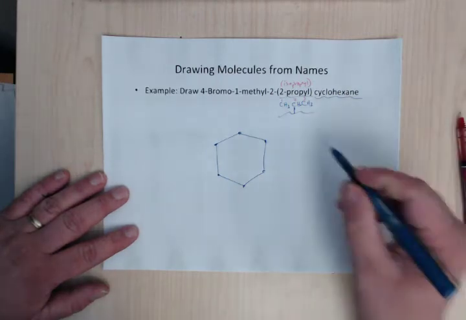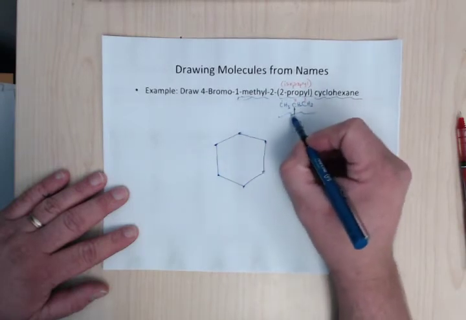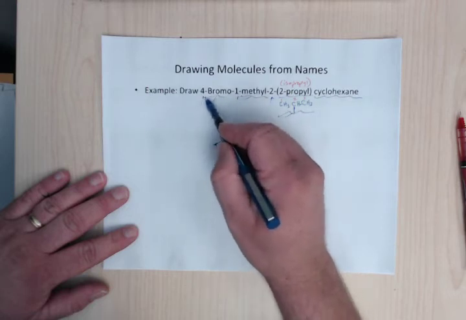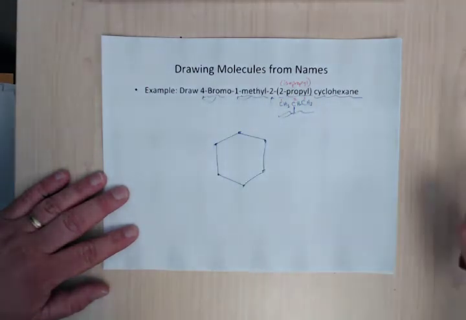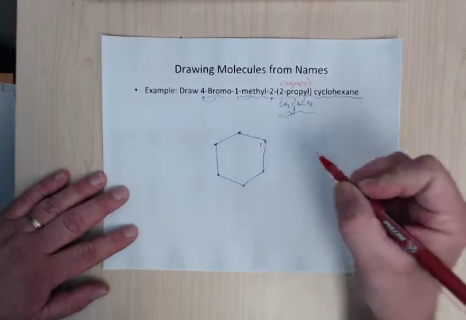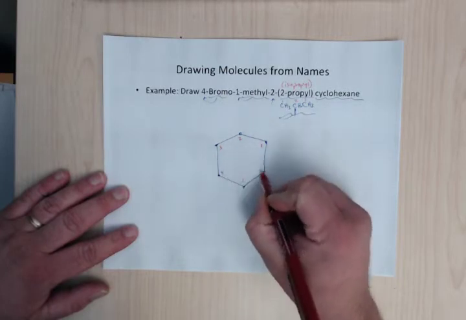Then there's also a methyl group, and this one just so happens to be at carbon 1, then a bromo group at carbon 4. We could start these anywhere in this case. Let's say this is carbon 1, 2, 3, 4, 5, 6.